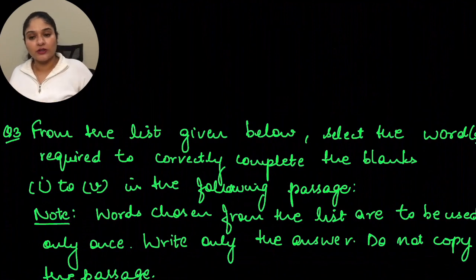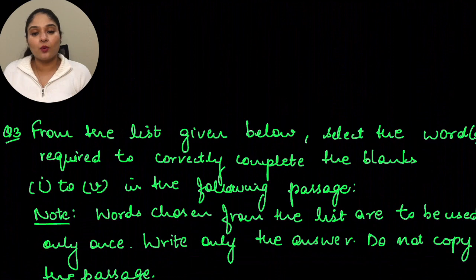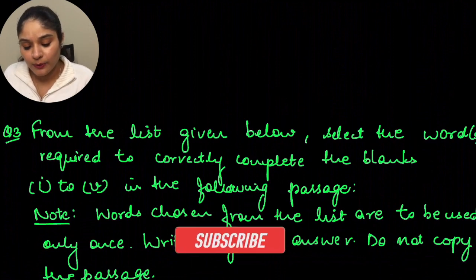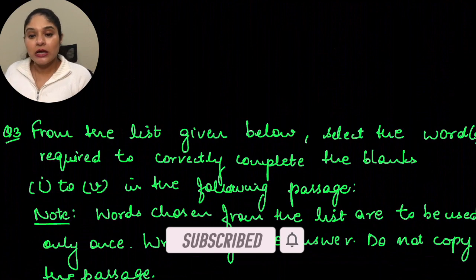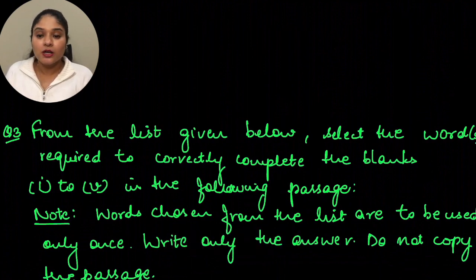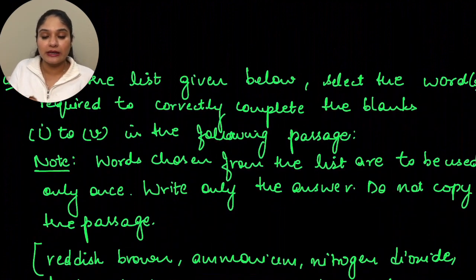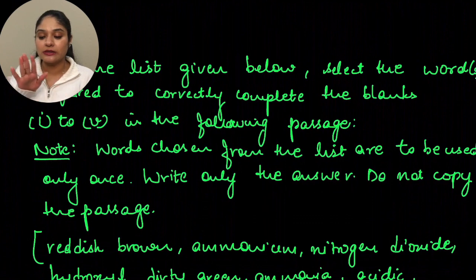The third question says, from the list given below, select the words or word required to correctly complete the blanks, first to fifth, in the following passage. Always read the entire question in the paper, because this particular question is giving extra instructions. That is, words chosen from the list are to be used only once. Write only the answers. Do not copy the passage.